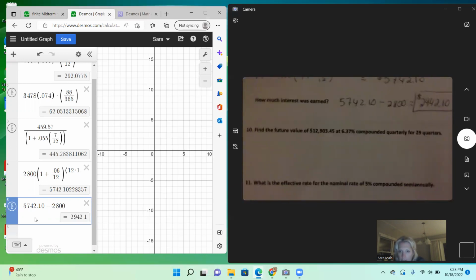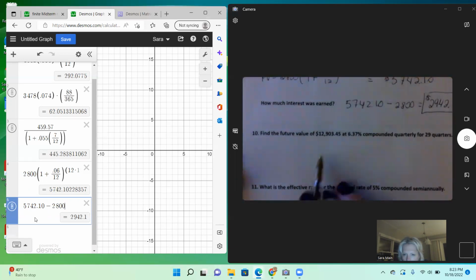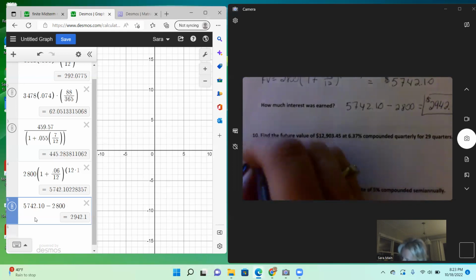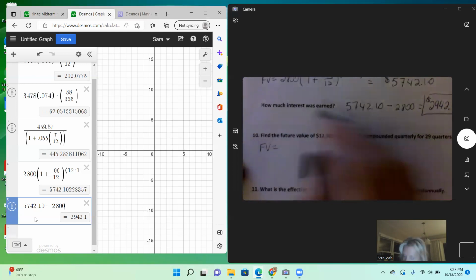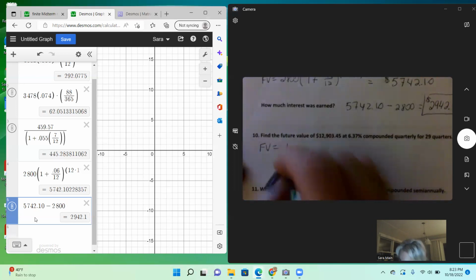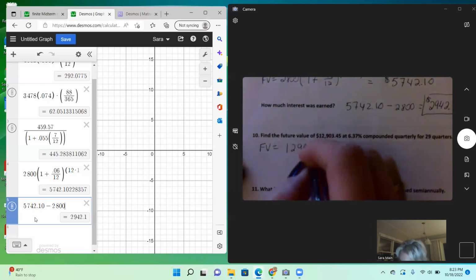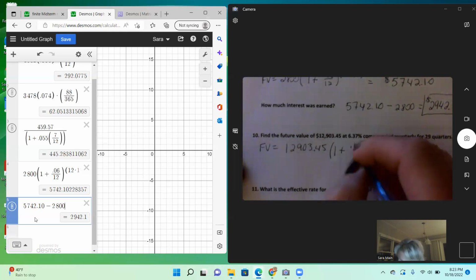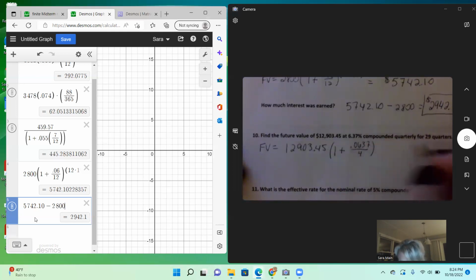Okay, number 10. Find the future value of $12,903.45 at 6.37% compounded quarterly for 29 quarters. Okay, so we want the future value. So similar to what we just did, we're going to start with 12,903.45 times 1 plus 0.0637 divided by 4, compounding quarterly. So we're compounding very often.